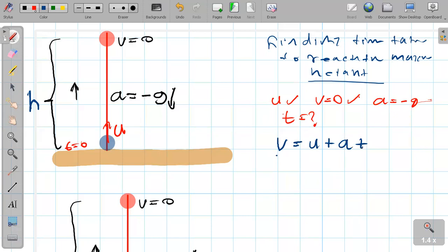So the final velocity in this case, you know. Can you tell me what is the final velocity? Chalaka, tell me what is the final velocity? Chalaka boy. Mr. JK Chalaka.